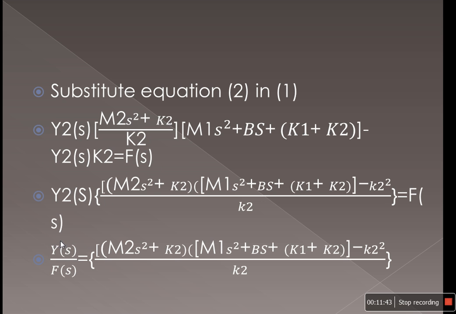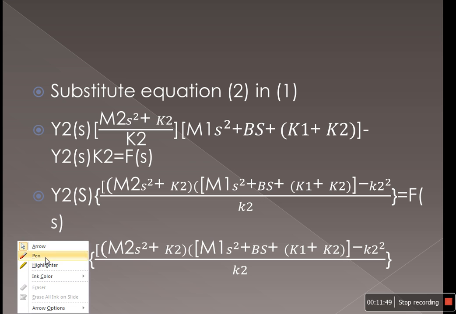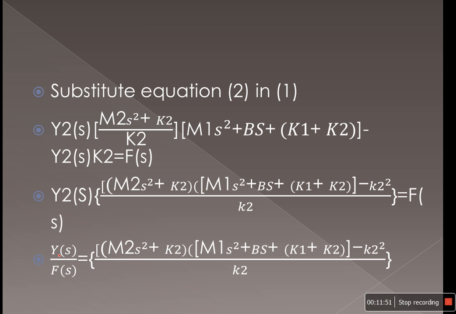After solving, we know the final output is y2 of s, the final displacement, and the applied input is force. So whenever you solve the equation, you get terms like this. Here I am giving the idea of how to solve. First draw the free body diagram.